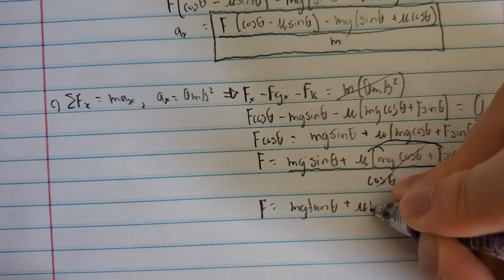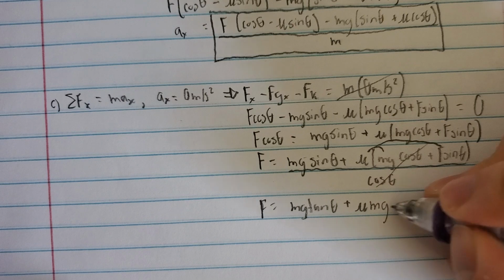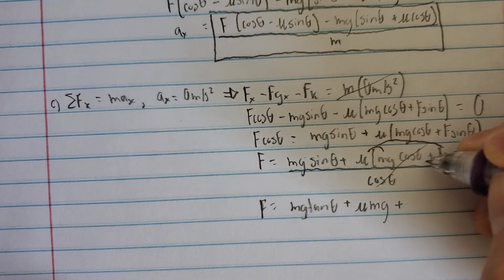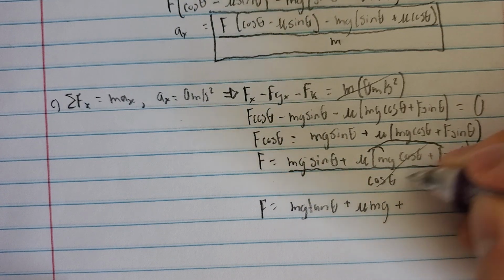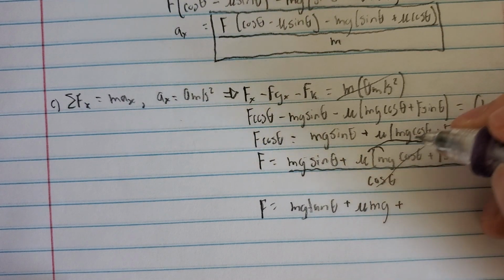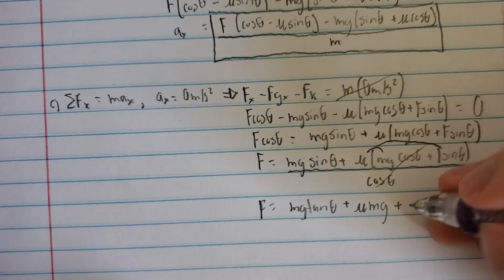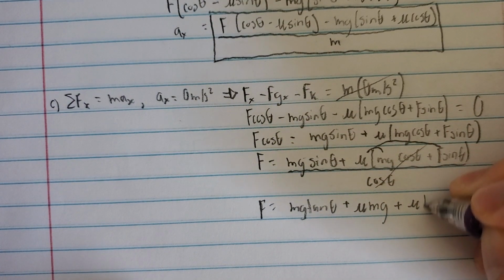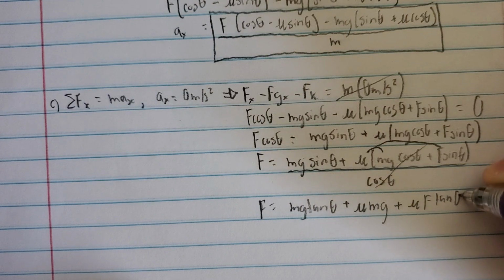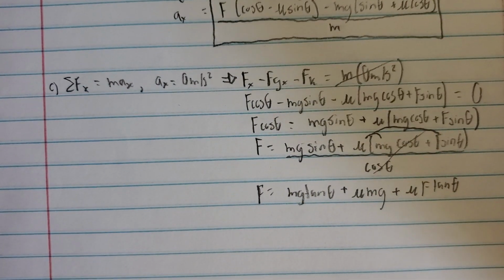So I have plus mu mg, and then this right here, so I have mu times F sine theta. Sine of theta divided by cosine of theta is tan theta. So I have mu times F times tan of theta. So that was a two-step move.